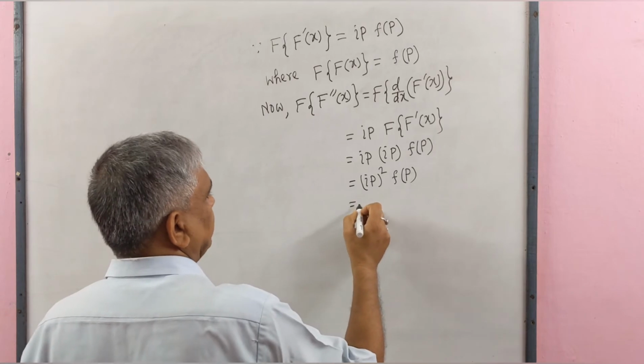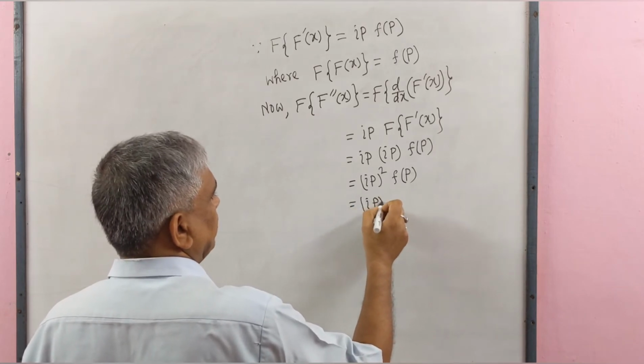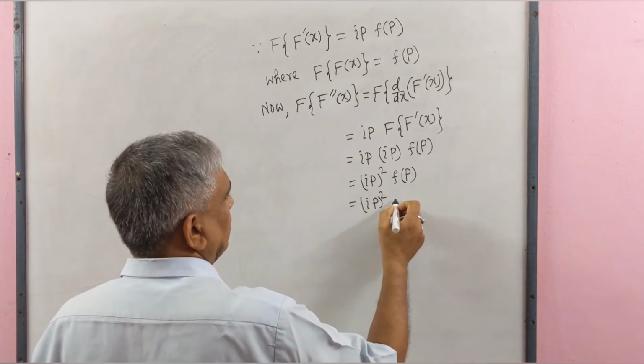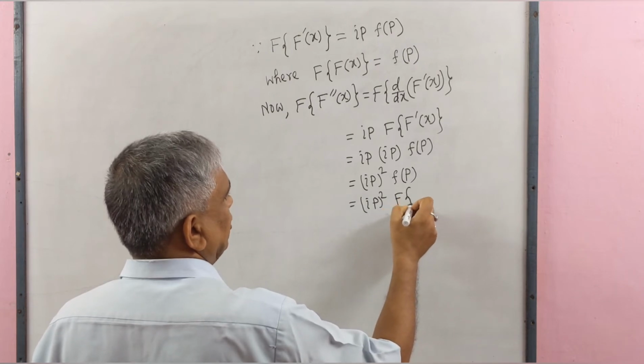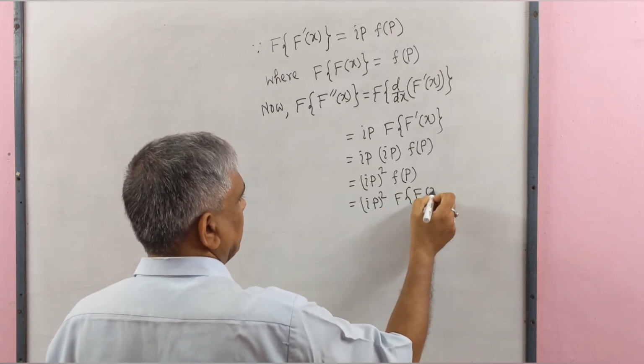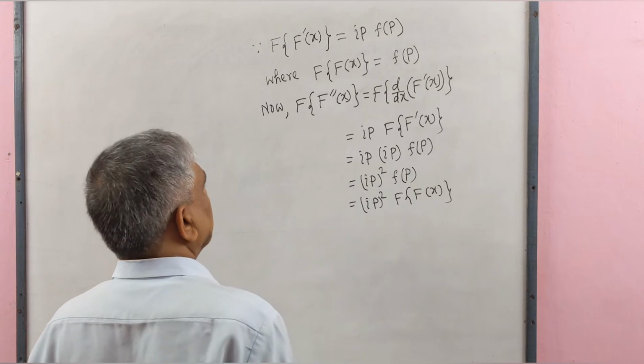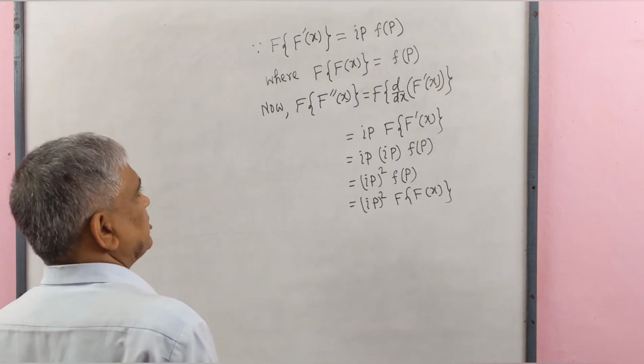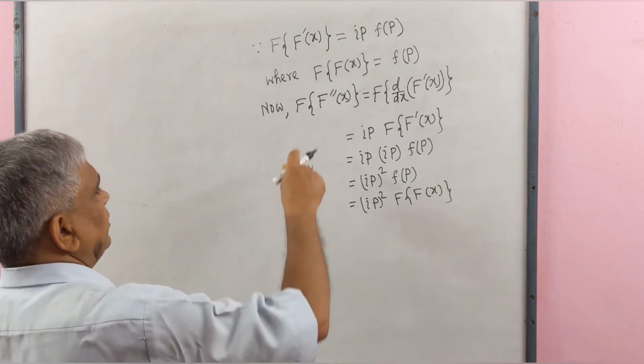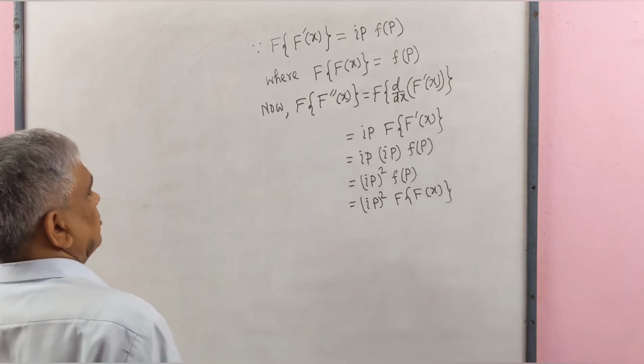We may also write this as ip whole square times the Fourier transformation of f(x). This is for the second order derivative of f(x).